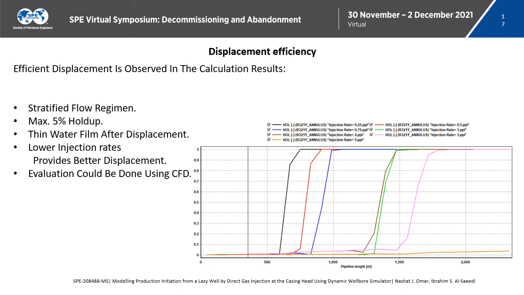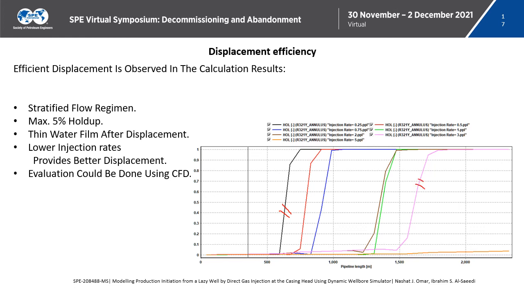However, it was noticed that a lower injection rate provides a much greater and stabler displacement. For example, in this plot the black line represents 0.25 kilogram per second, and the purple line represents a 3 kilogram per second injection rate.